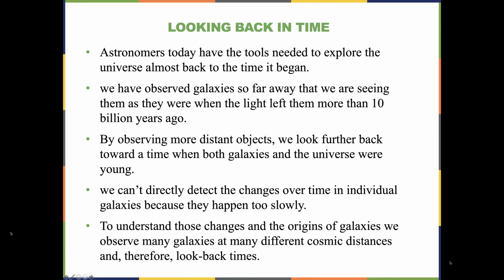We have observed galaxies so far away that what we are seeing is how they looked around 10 billion years ago. The advantage in astronomy is that when you observe something that is so far away, you are just going back in history to look at it.